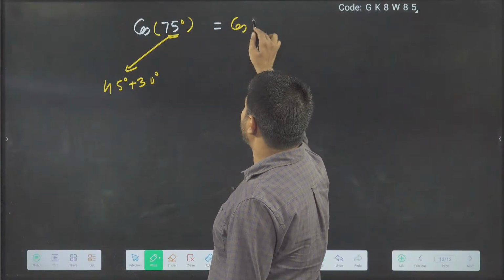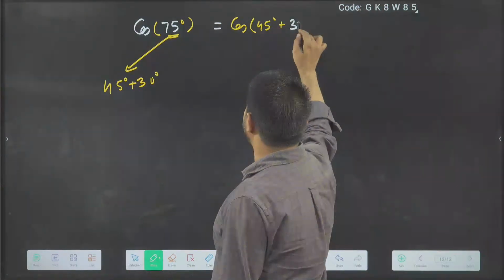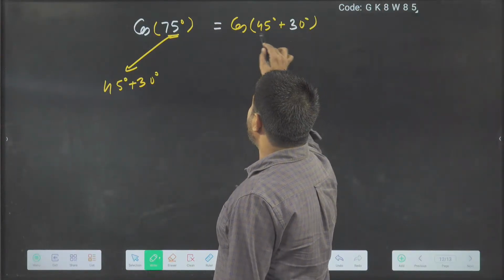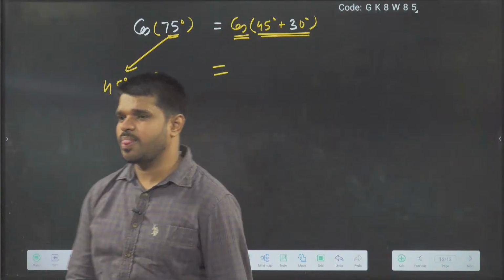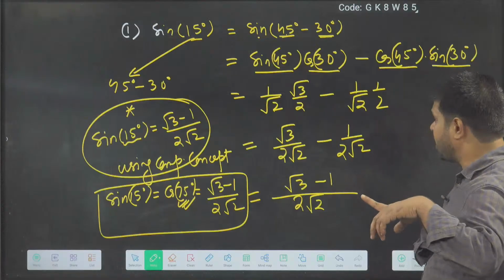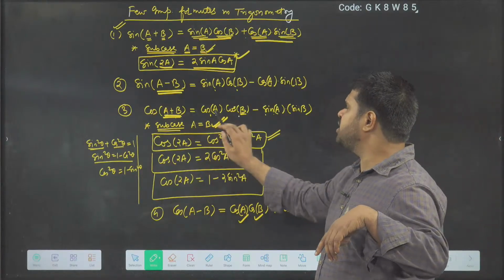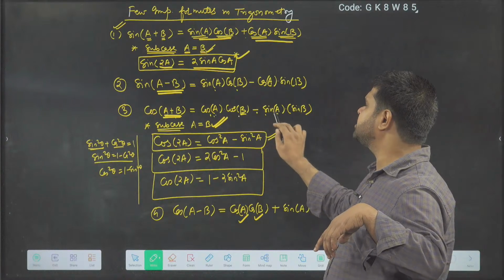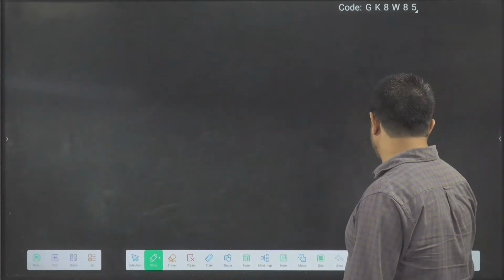So write it as cos of 45 degree plus 30 degree. Apply the formula of cos and prove the result. Here cos A plus B is cos A cos B minus sin A sin B. Use this formula and justify that you are getting the same answer.